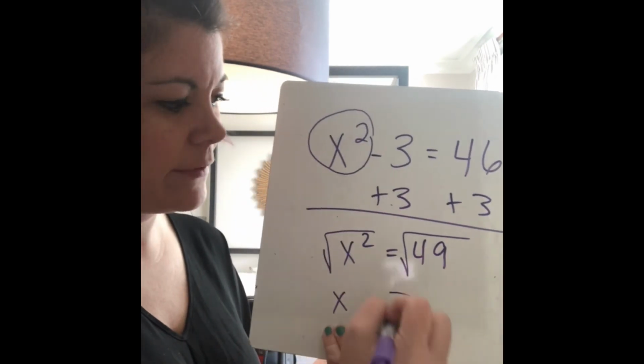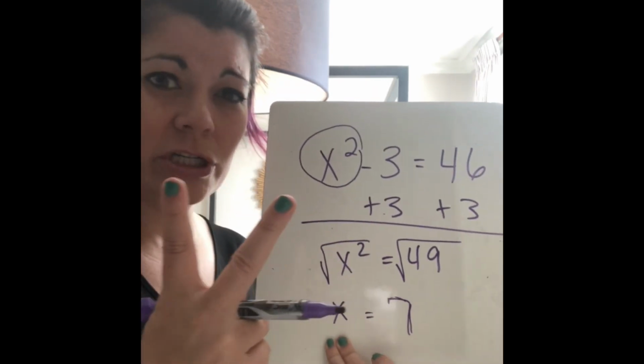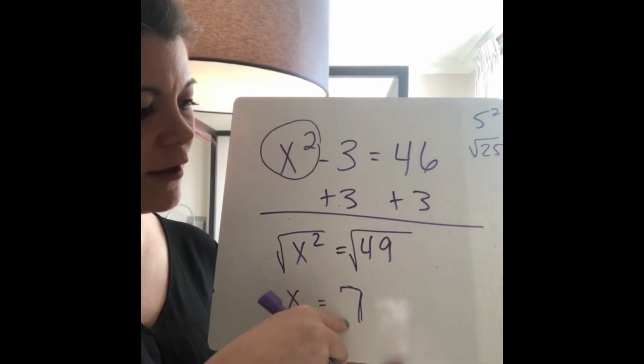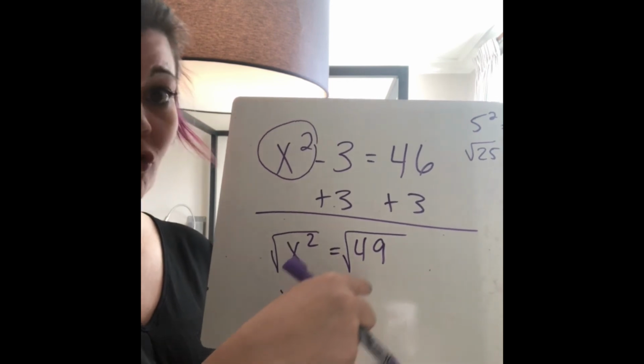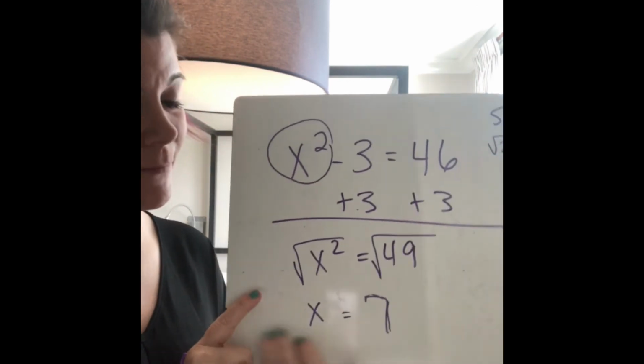That would be 7. The tricky thing here, though, is that there are 2 answers. Because 7 is not the only one that when you square it gives you 49. What is the other number?